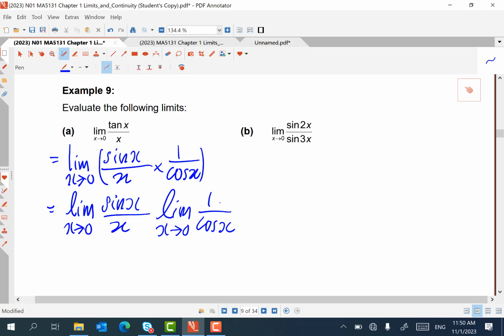There could be other ways to present it, but one way is to do this. Are we supposed to derive sin x over x? No. You can make use of the earlier result. So what happened is, I have rewritten this one as this, and then this gives you 1 times 1, and therefore it is 1.